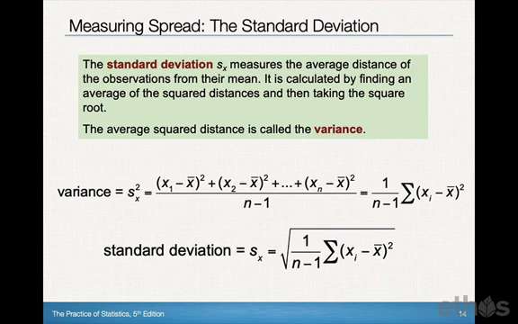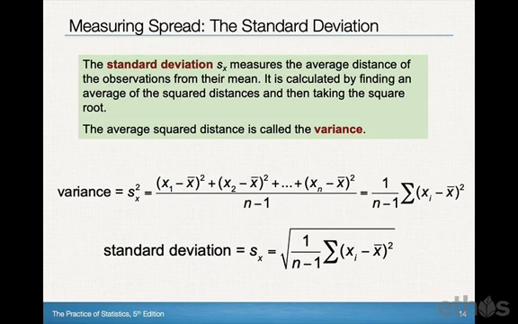And in this class, we're going to use S sub x in the calculator instead of the lowercase sigma sub x. So the difference is one of those is calculated as n minus 1 for the divisor here when we take the mean, and the sigma sub x uses just plain n. And some people even debate that, how Texas Instruments programmed their calculator.